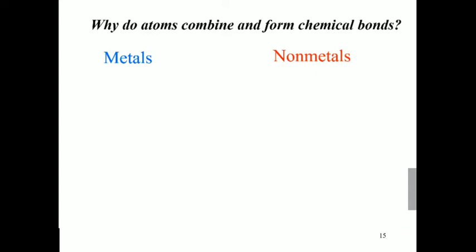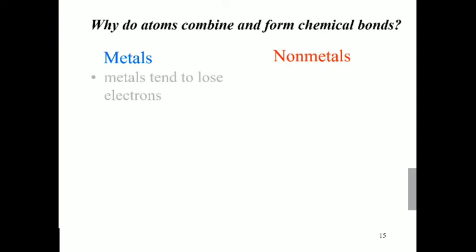Going back to the question, why do atoms combine and form chemical bonds? So we have answered this question earlier. To attain stability. And for an atom to become stable is to obtain the same configuration as the nearest noble gas from it. But for the discussion of chemical bonding, we have to take note of the general tendency of metals and non-metals.